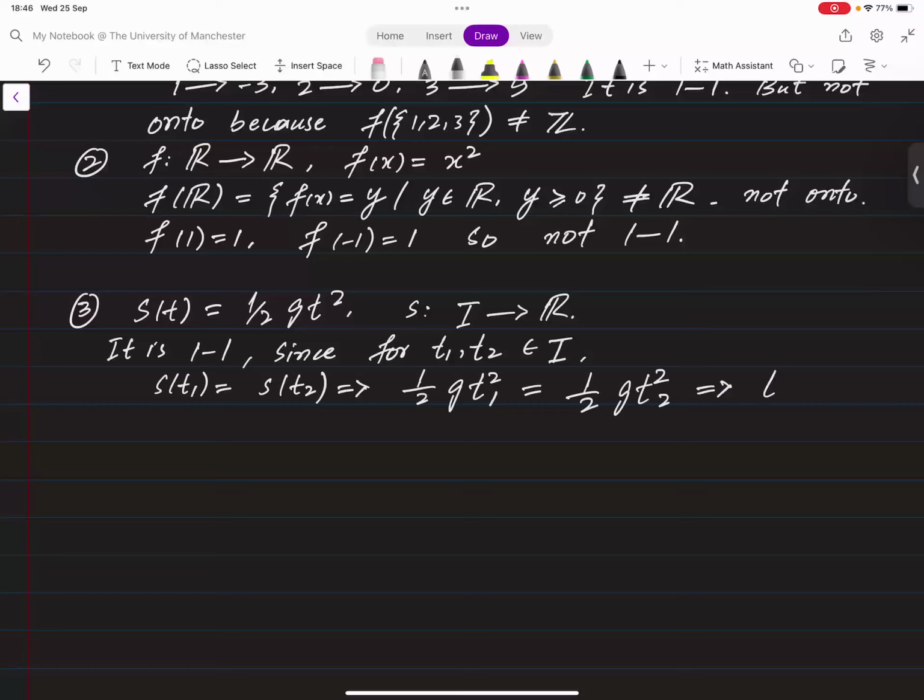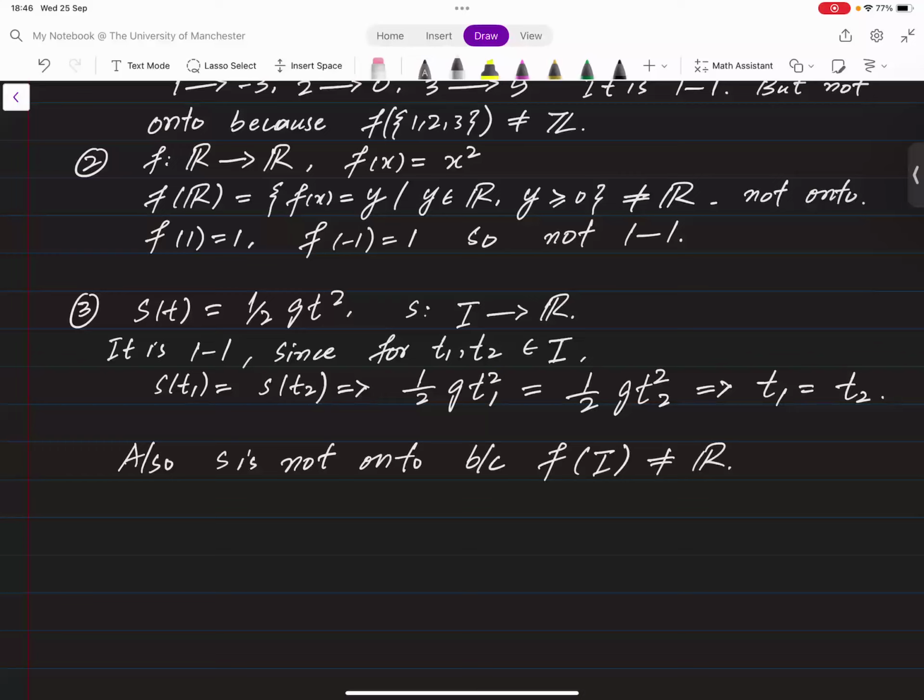That is giving you that t1 is t2. Also, s is not onto, because s of I is not equal to R.